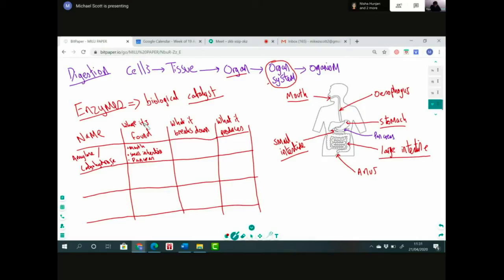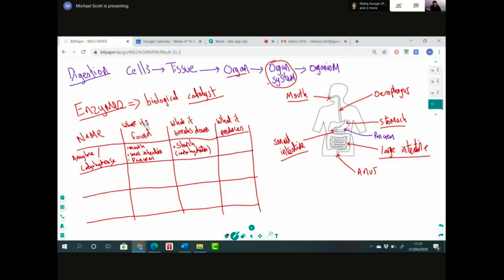You would need to know what food group amylase breaks down. And amylase breaks down starch or really long molecules called carbohydrates. And I suppose the name of the enzyme kind of gives it away.